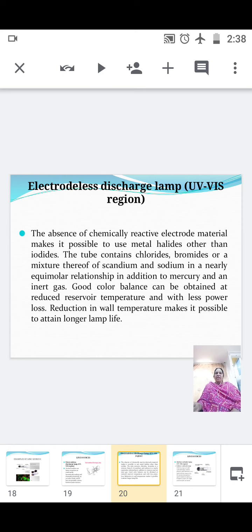The tube contains chlorides, bromides, or a mixture thereof of scandium and sodium in a nearly equimolar relationship, in addition to mercury and inert gas. Good color balance can be obtained at reduced reservoir temperature and with less power loss. Reduction in vault temperature makes it possible to attain longer life.